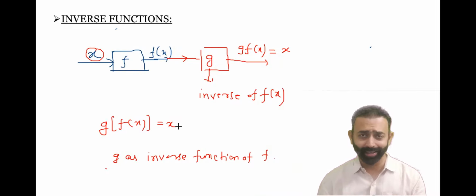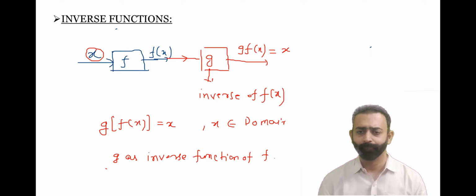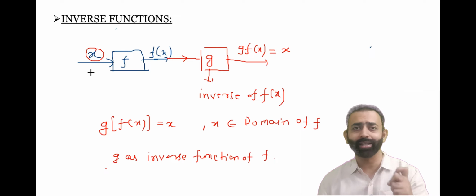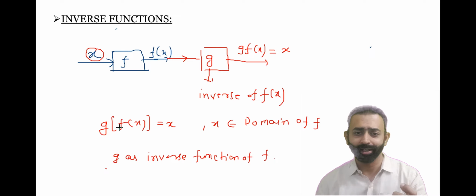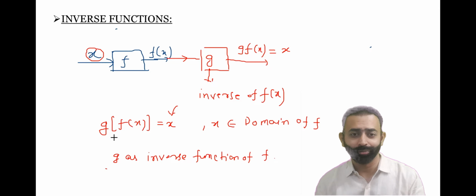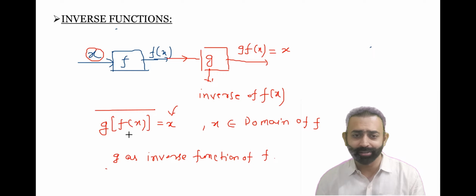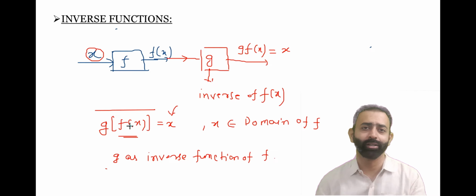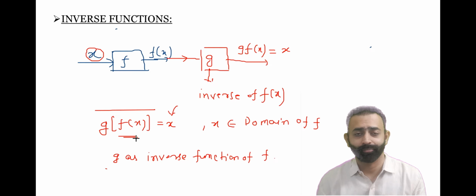And this x should belong to the domain of f, because originally x was the domain of f, right? If this x somehow lies outside the domain of f, the inverse function will not be defined, because this f(x) won't be defined. In order to define this whole composition, first this f(x) has to be defined, and if f(x) has to be defined, then x should lie within the domain of the function f, right?